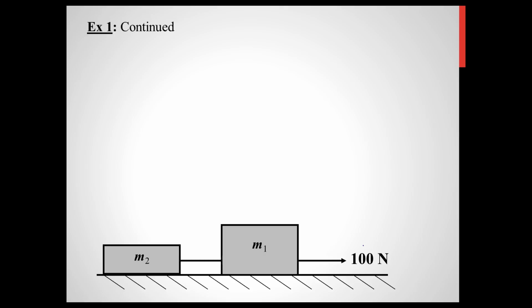All right, so this is just a normal dynamics problem, and we use the exact same procedure we've been using for all of the unit, which is we start off by drawing a free body diagram. So let's do that for mass 1.